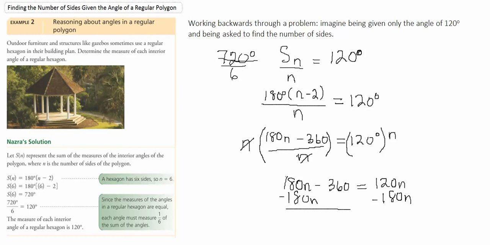So 180n minus 180n is just 0, and then we have minus 360 is equal to 120n minus 180n, which is negative 60n. Finally, we are going to solve for n by dividing by negative 60. This cancels, and we have an n value that's equal to 6. Negative 360 divided by negative 60 gives us 6.